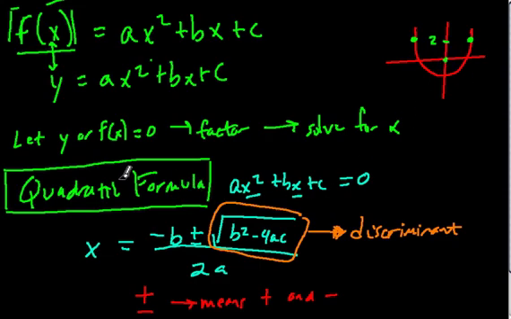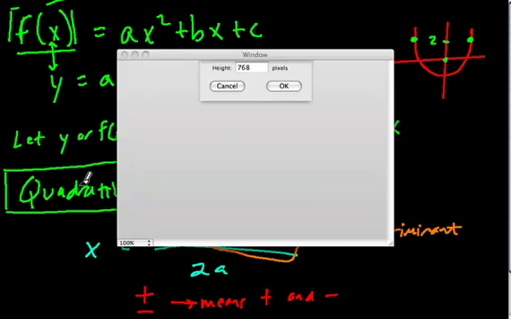So what does this look like, and how do we do this? Really all you need to know is the value of a, b, and c to use the quadratic formula. So let's just make something up here: 3x squared plus 11x plus 5 equals f of x. This is our quadratic equation.